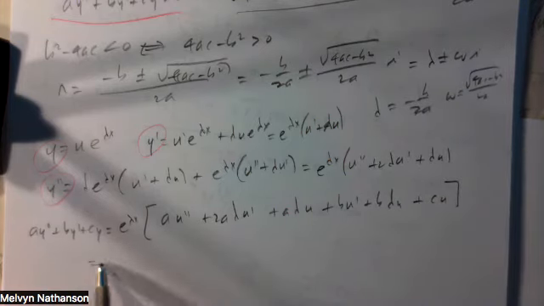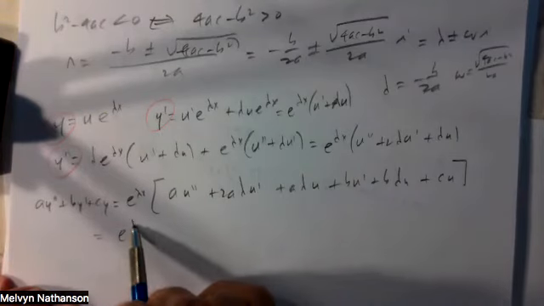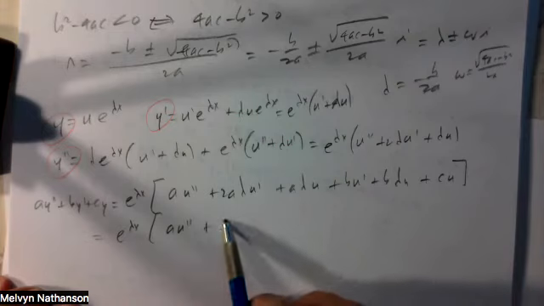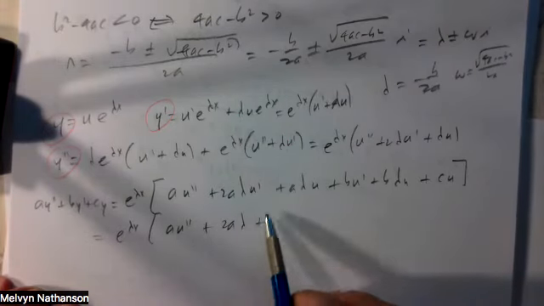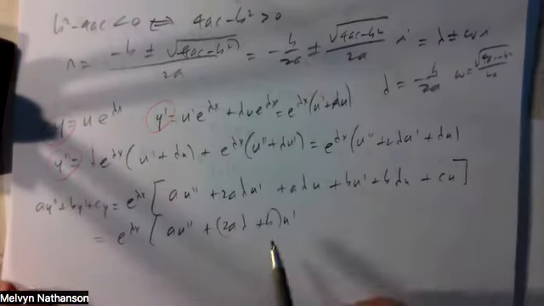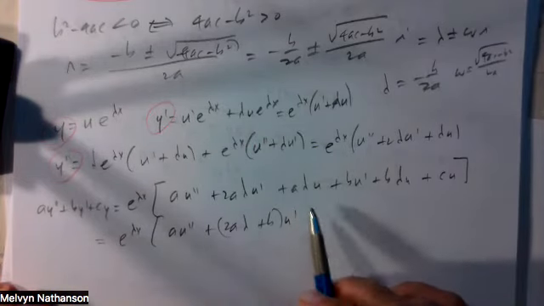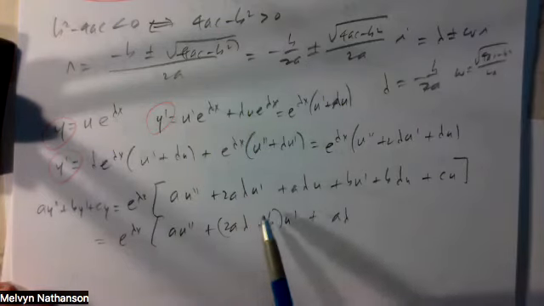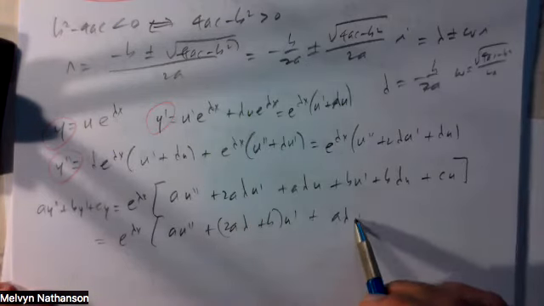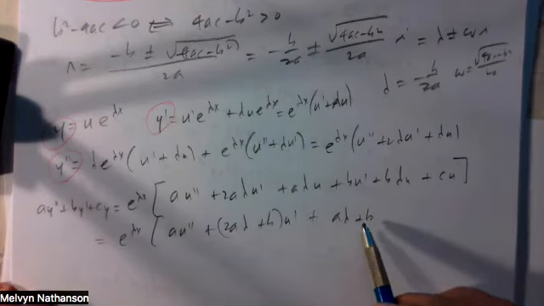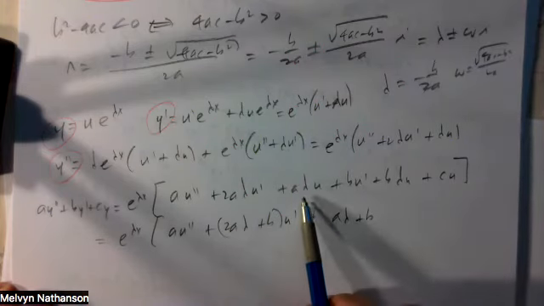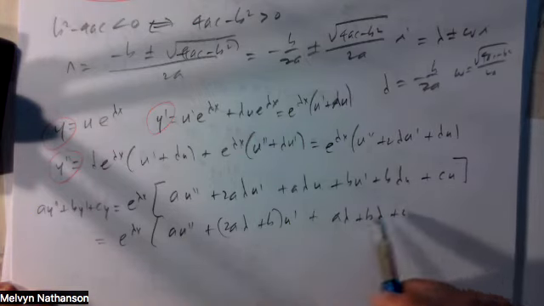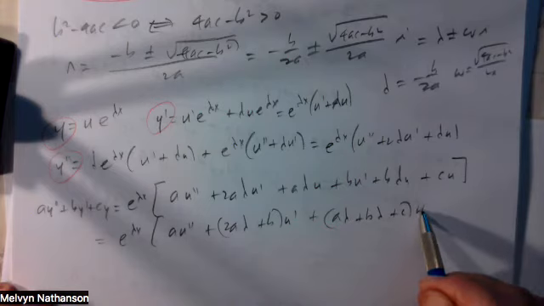So this is equal to e to the lambda x times A u double prime plus 2A lambda plus B times u prime plus A lambda u plus B lambda u plus C u.